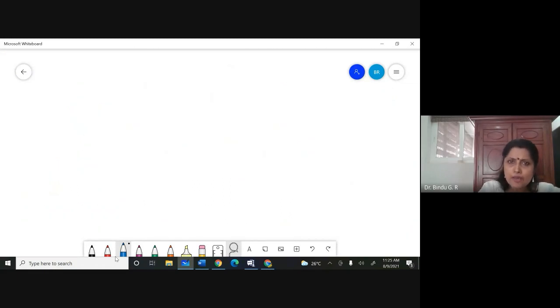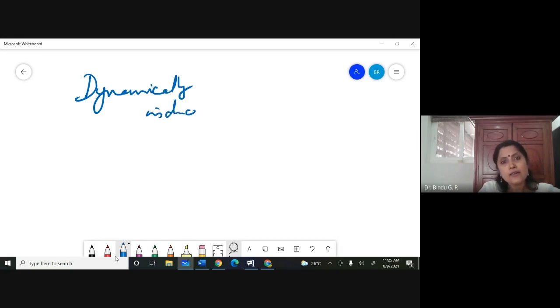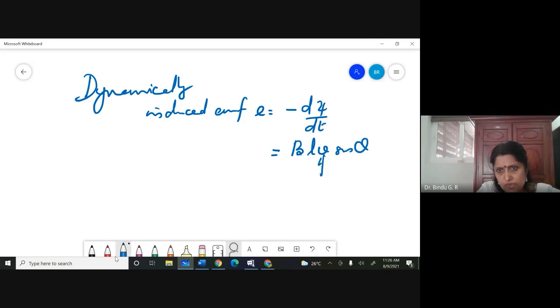But the equation for dynamically induced EMF, E is equal to minus d psi by dt, is the same as BLv sin theta, where v is velocity. Okay, so that is one equation that you have to remember.